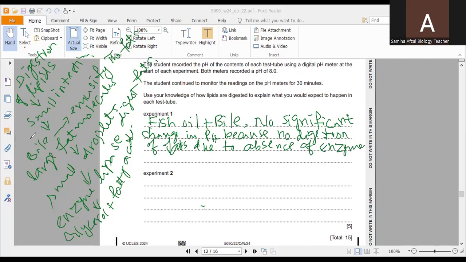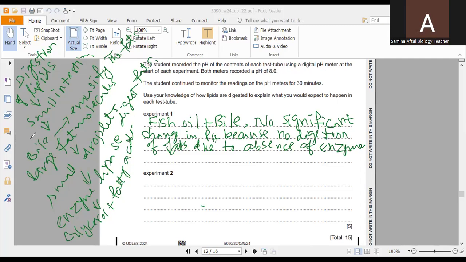Students, digestion can only take place in the presence of enzyme. If enzymes are not there, no digestion. Bile only emulsifies the large globular fats into smaller droplets, but it will not help to digest the fats. So in the first experiment, when there is no enzyme, there will be no change in the pH. It will remain at 8.